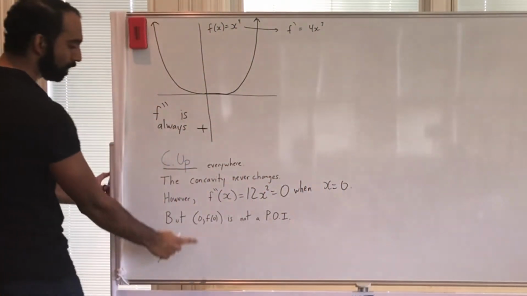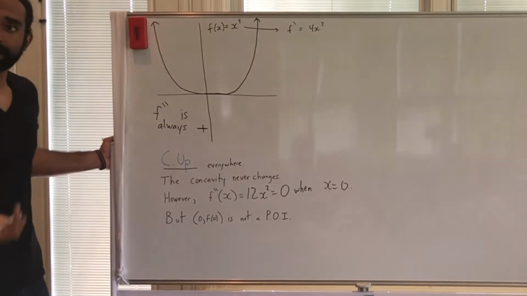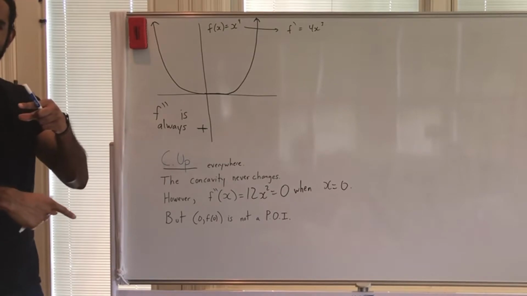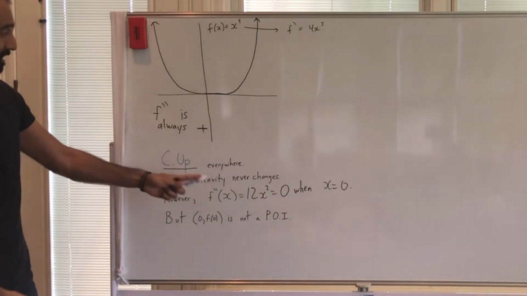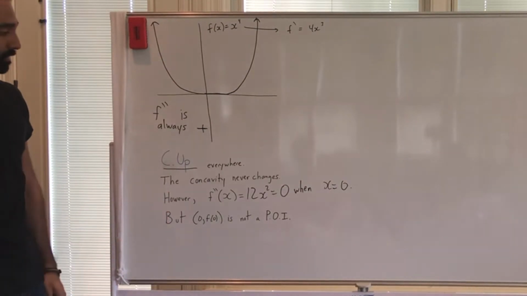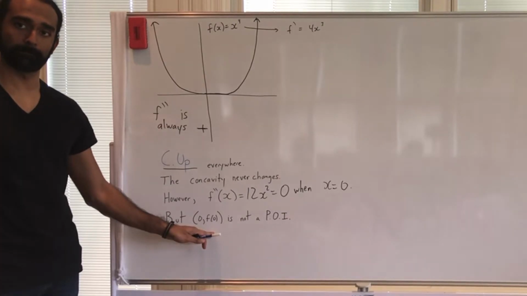But 0, f of 0 is clearly not a point of inflection, because to be a point of inflection, the point needs to be a place where the concavity changes. This is not changing concavity, it's always concave up. So that's one way we know this is not a point of inflection.